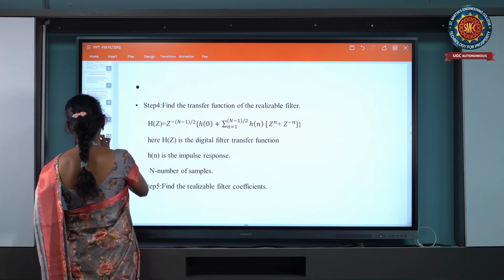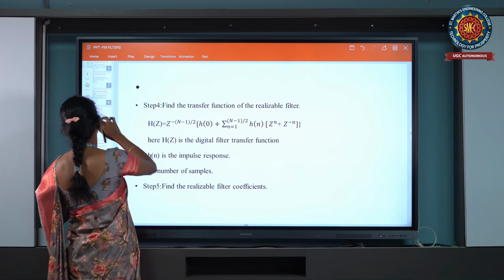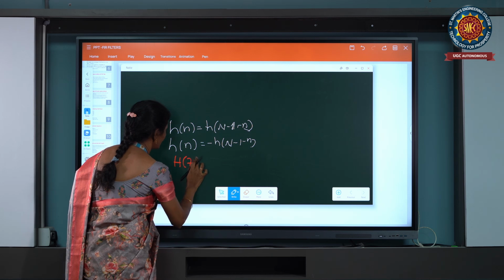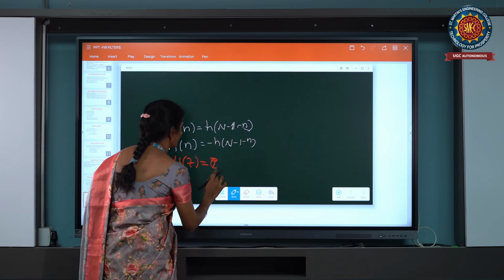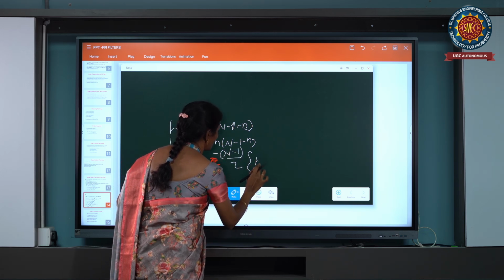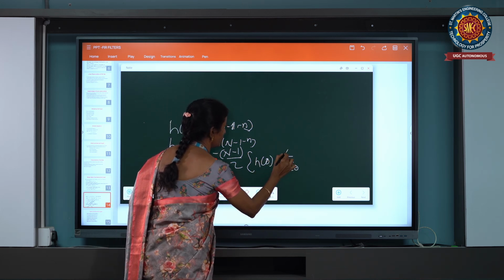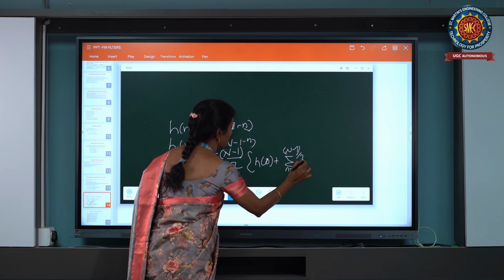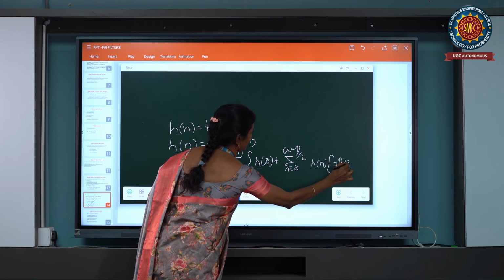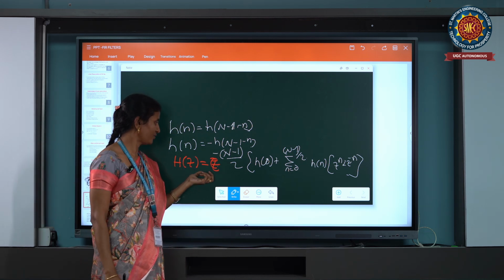The formula of the transfer function of the realizable filter is H of z equal to z power minus (N minus 1) by 2 times [h of 0 plus summation n equal to 1 to (N minus 1) by 2 of h of n (z power n plus z power minus n)]. This is the formula of the transfer function of the causal filter.